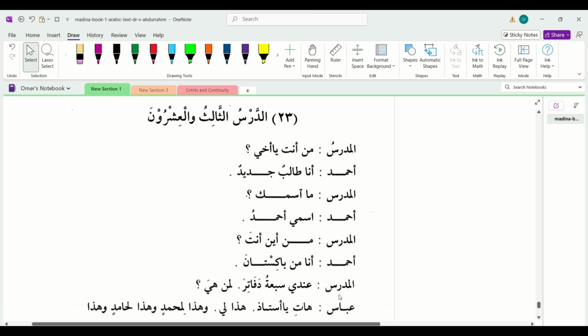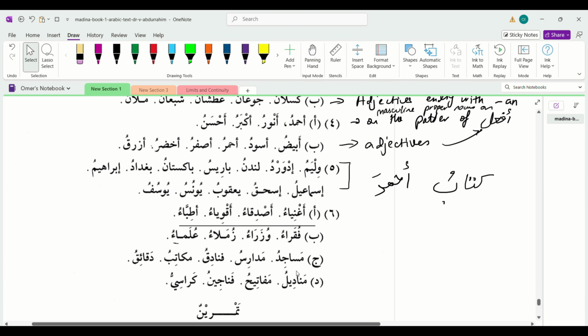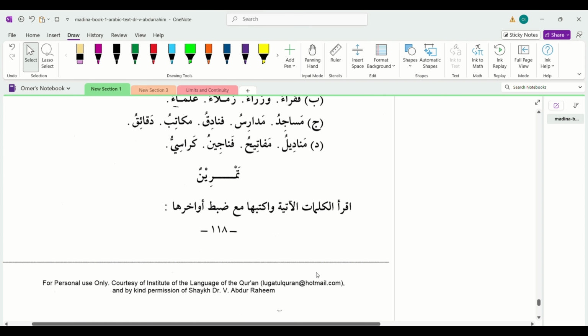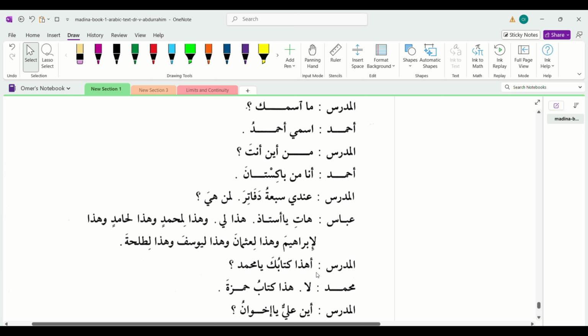المدرس عندي سبعة دفاتر. لمن هي? I have seven notebooks, and دفاتر is on the pattern of mafa'il. So that's why it's mamnu min as-sarf. عندي سبعة دفاتر.